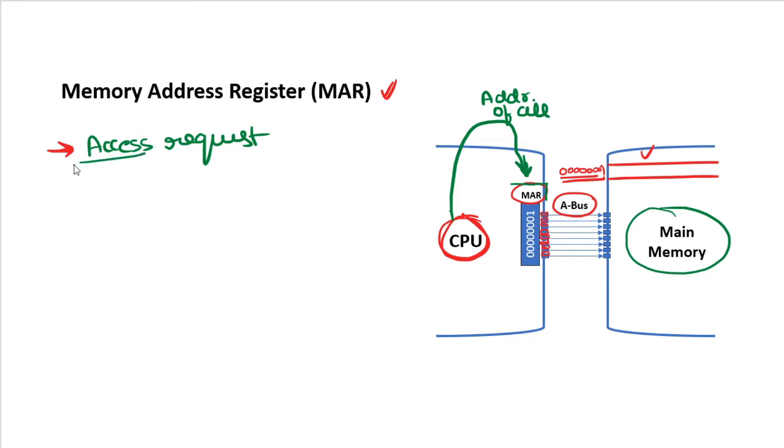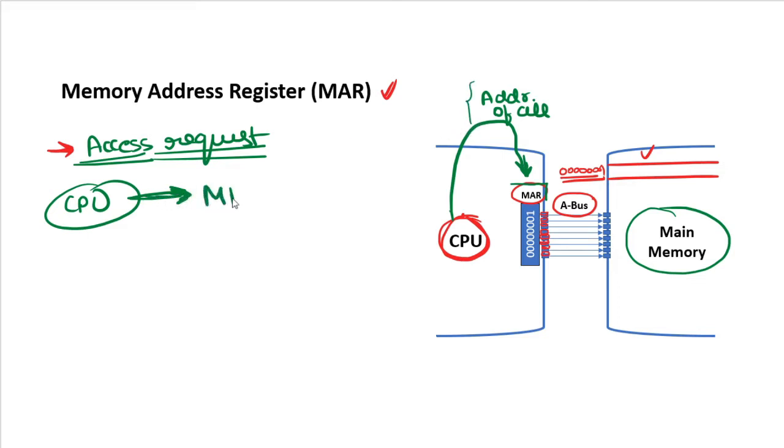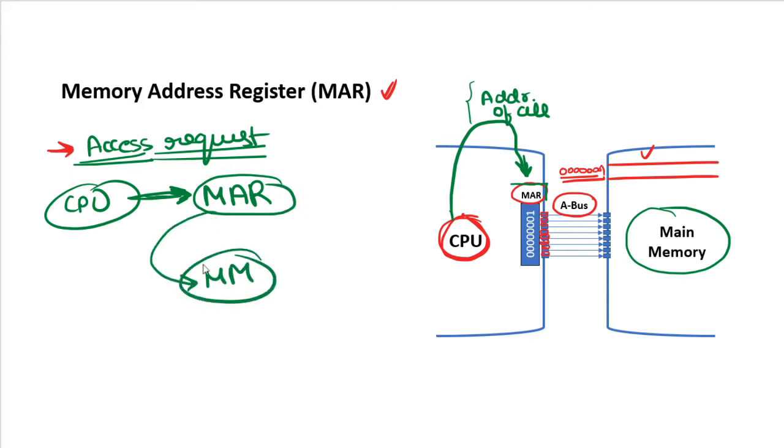MAR is part of the CPU, but this is one step. There is some place where this address will be stored, but that address will then go from some register to the memory address register, and this in turn sends it to main memory.